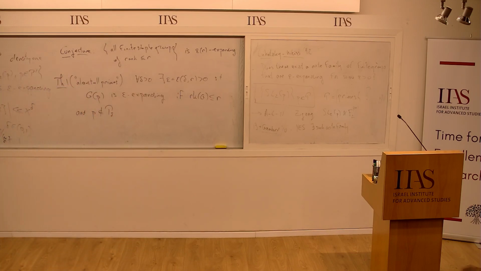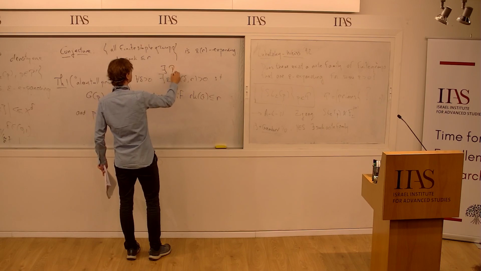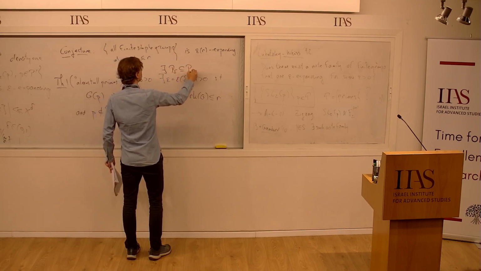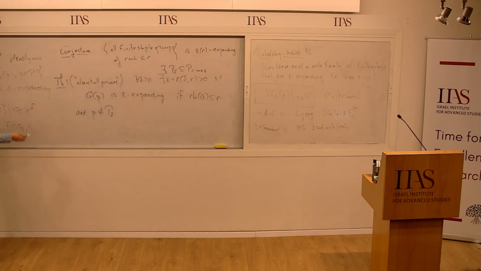So there is an epsilon, and there is a family P_delta, which may be empty, we hope, but with this property.